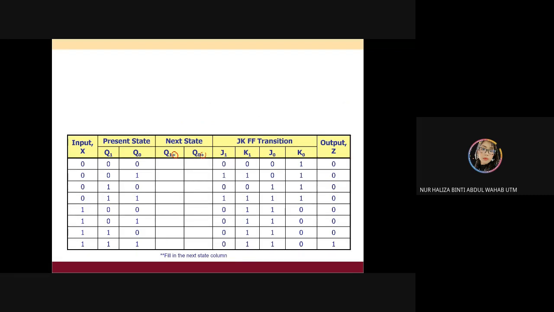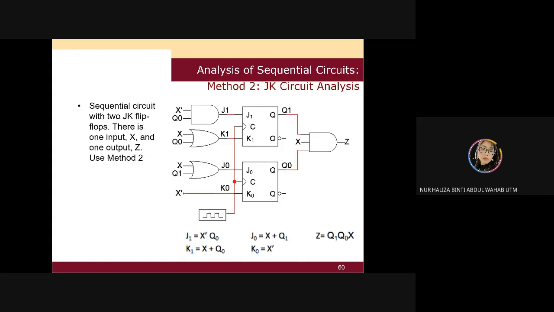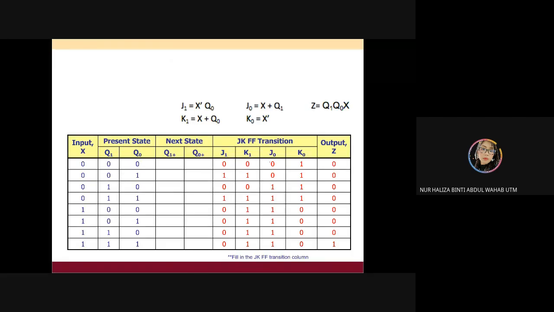So first step, again, I repeat, we can come up with all the equations. After you get the equation, you can come up with this kind of table. Last time for D it is very easy because D equals Q plus, so no need to think about the sequence value there.